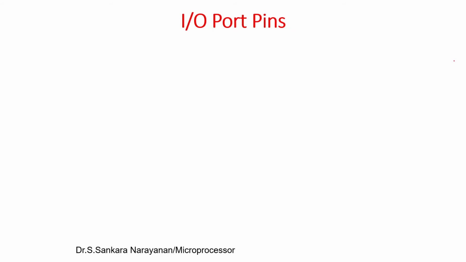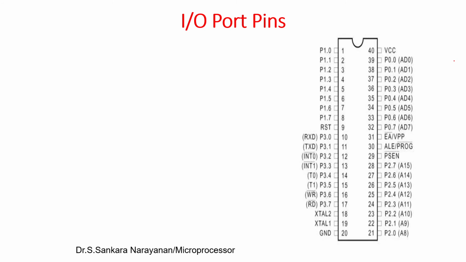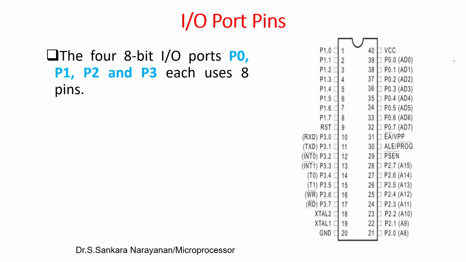As I told, we have four IO ports. Each and every IO port contains 8 pins, so four 8-bit IO ports. The IO ports we use here are P0, P1, P2 and P3. This is port 0, from 0.0 to 0.7.